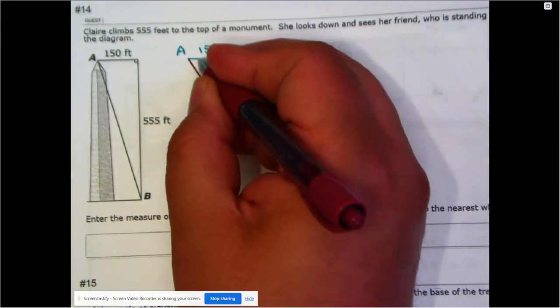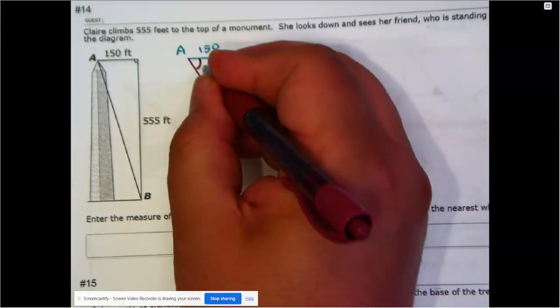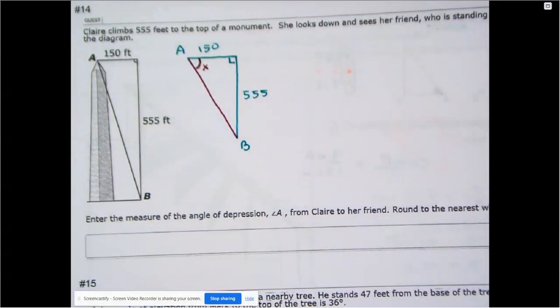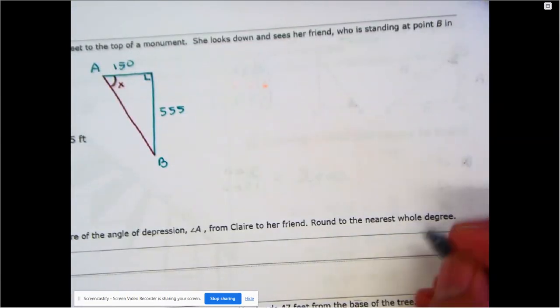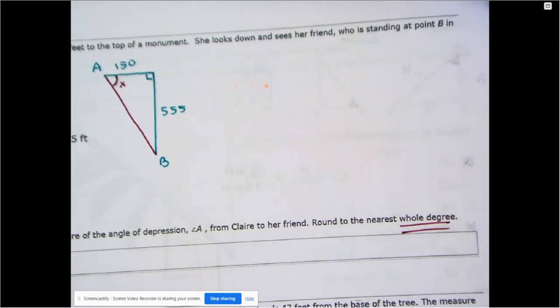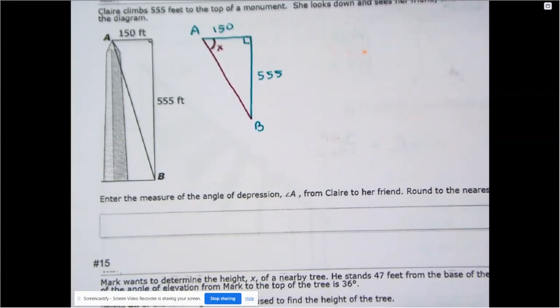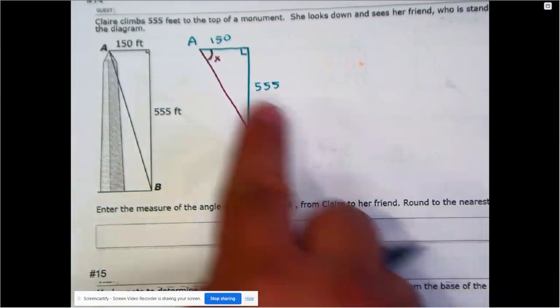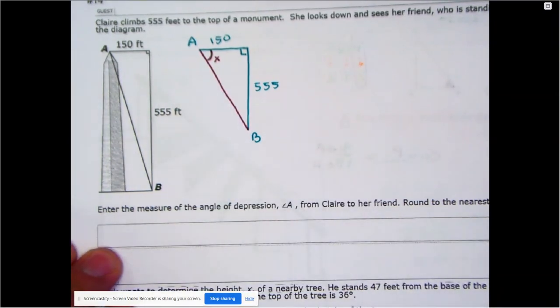Well, then that's this one. That's what we're looking for up there. Look, I'm going to put X or something. I'm looking for an angle this time, from Claire to her friend. Round to the nearest whole degree, meaning don't give me a decimal. Whole numbers only. All right, well, this is not the first time we do this. In order for me to find an angle, there's only one thing that can help me, and that's SOHCAHTOA again.